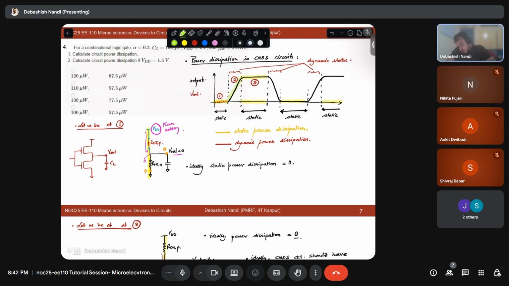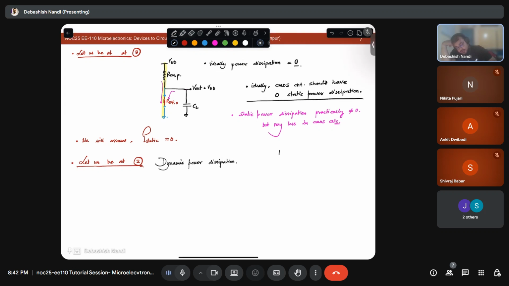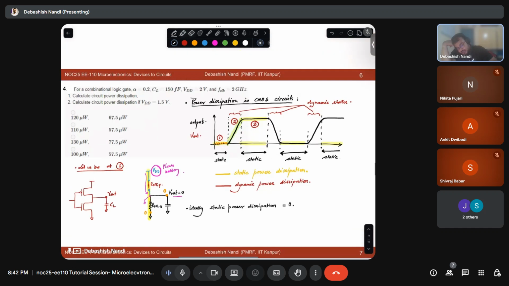Fine. So let me take this case, where your output is going from low to high, right?